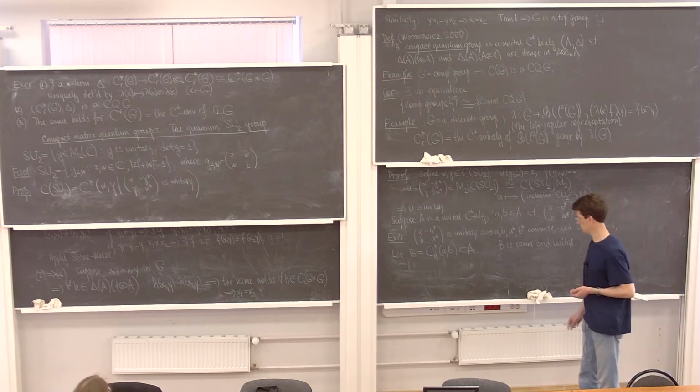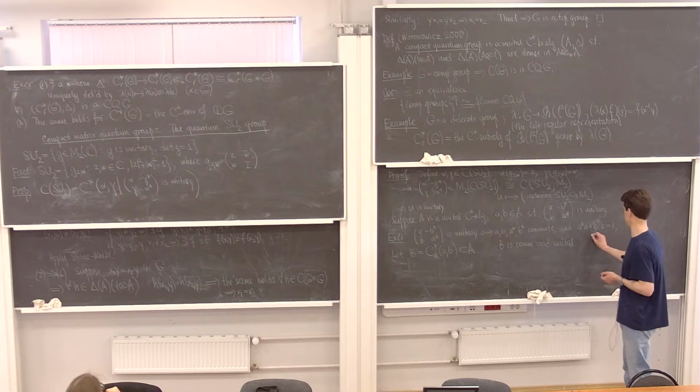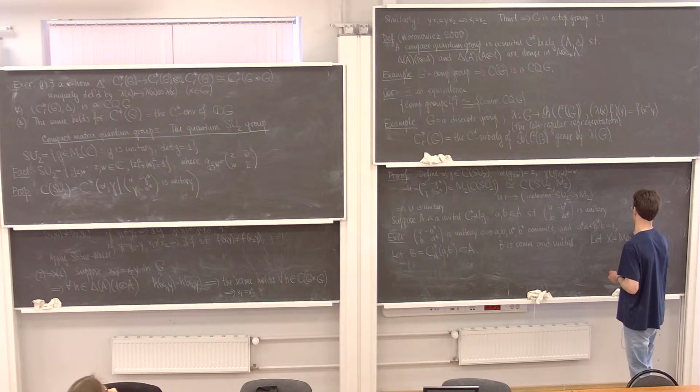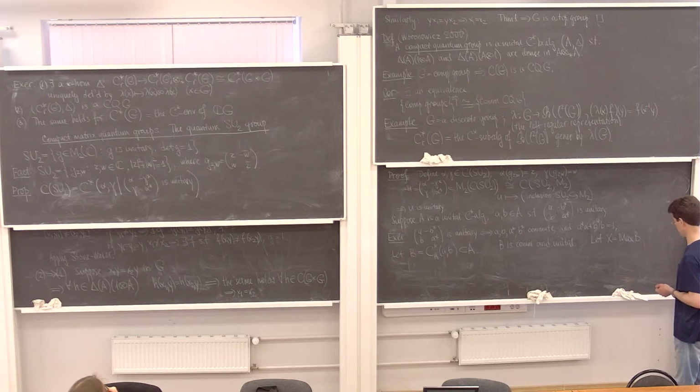So it's natural to take the maximal spectrum. Let X denote the maximal spectrum of B, which is naturally identified with the character space.